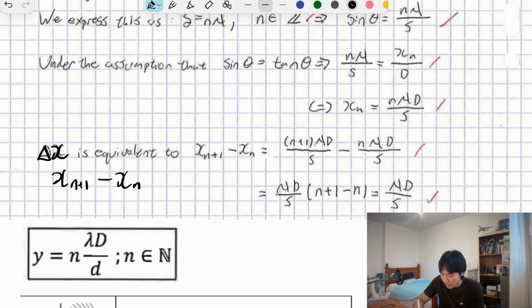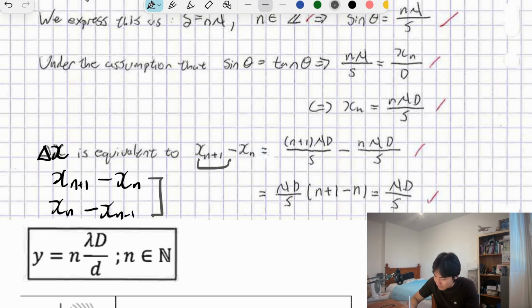Or you can just say xn minus xn minus 1. These two are going to yield you the exact same results because it's just going to cancel out everything. However, I decided to do xn plus 1 minus xn, because they yield the same thing and they should give us the difference between the positions xn plus 1 and xn, right?